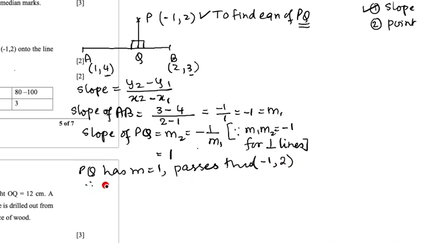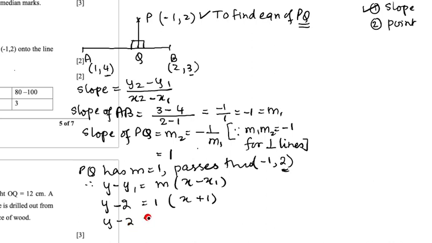Therefore, using slope-point form, what does it say? y minus y1 is equal to m into bracket x minus x1. So y minus y1 will be y minus 2 is equal to 1 into x minus minus 1, which means plus 1. So we will have y minus 2 is equal to x plus 1.